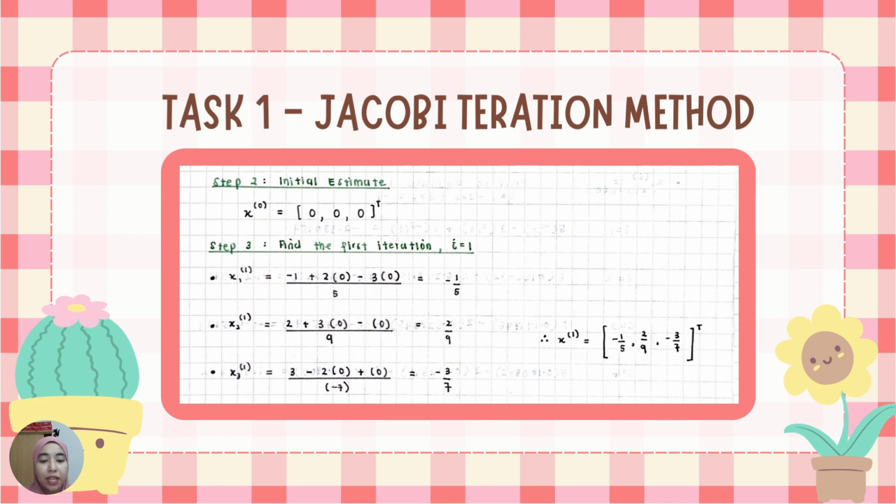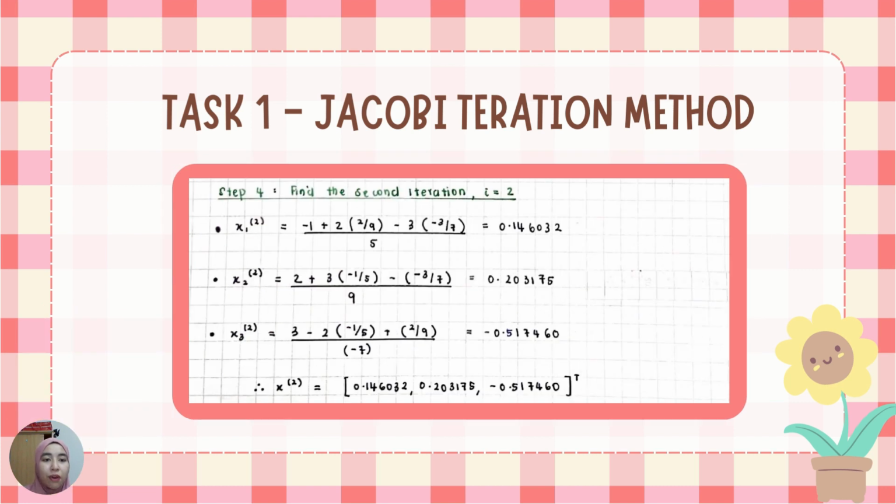For step 3, we proceed to find the first iteration. By substituting the initial estimate value, which is 0, into each equation, we get the new values for x1, x2, and x3. Hence, these values for the variables are used for finding the second iteration.